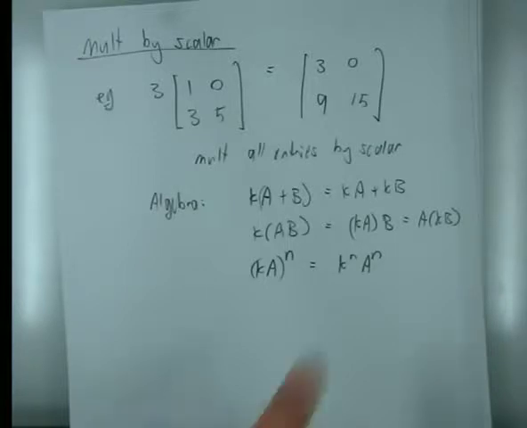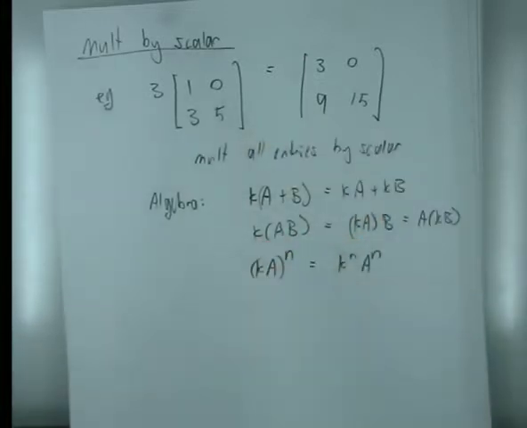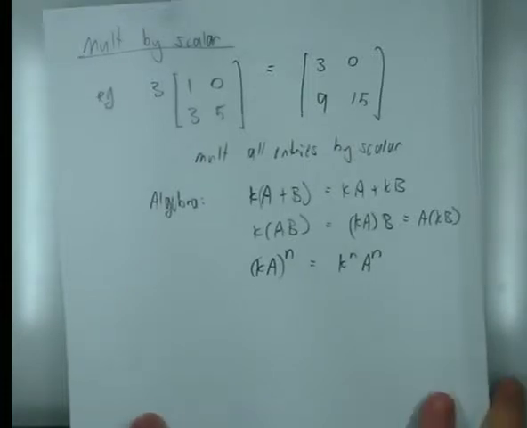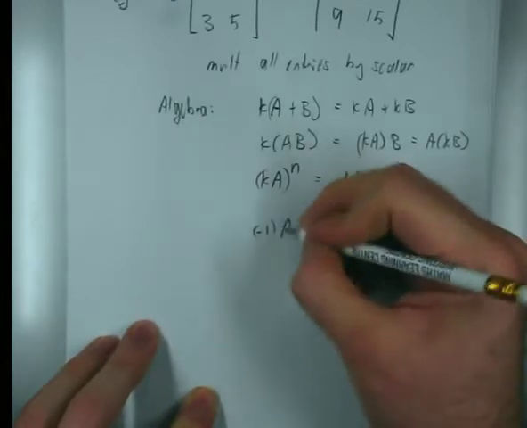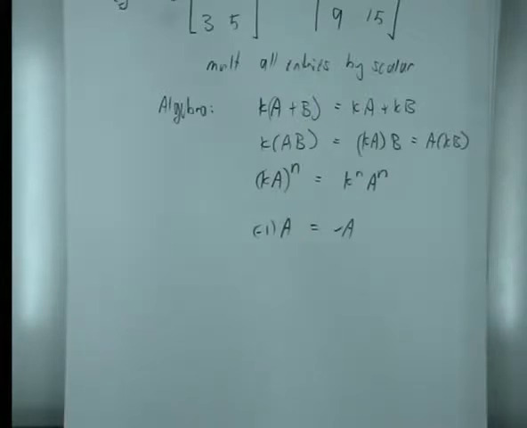Okay, cool. This one's better in reverse. If you have k times A times B, that means you can bring the k out the front. And it's worth pointing out that from a pure mathematician's perspective, minus 1 times A is the same as minus A. Now that sounds stupid, but minus A is defined to be whatever it is you add to A to get the zero matrix, and minus 1 times A is defined differently, and so to a mathematician it's really important to point out that they're actually the same thing.